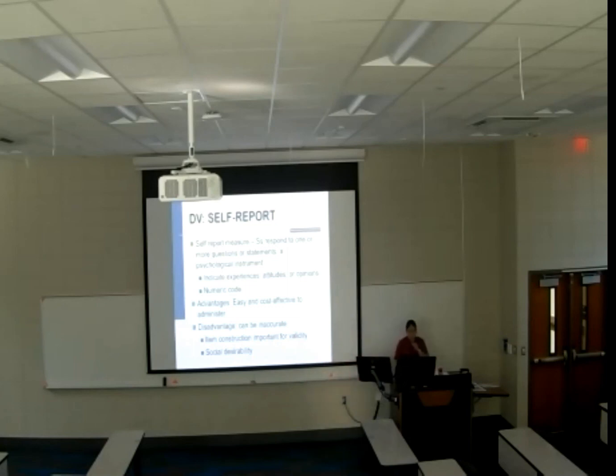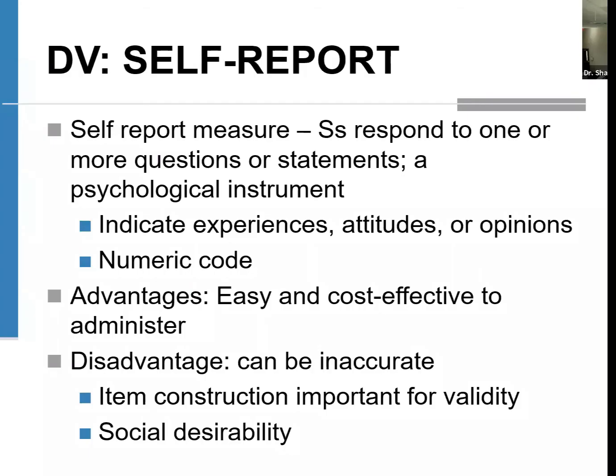The problem is that there are several disadvantages with self-report measures. So let's think about the example that I just gave you, right? How likely are you to hit your spouse? How likely are you to hit your boyfriend or girlfriend or other, or your significant other?